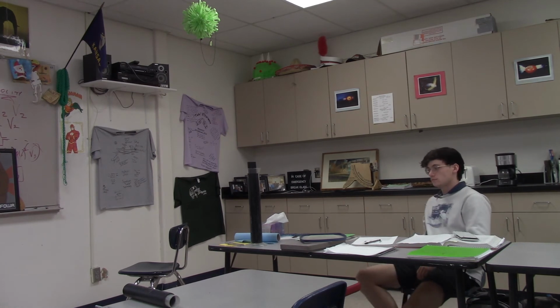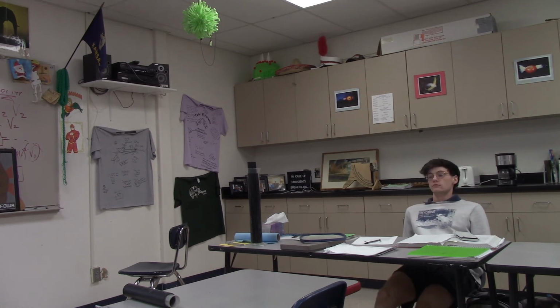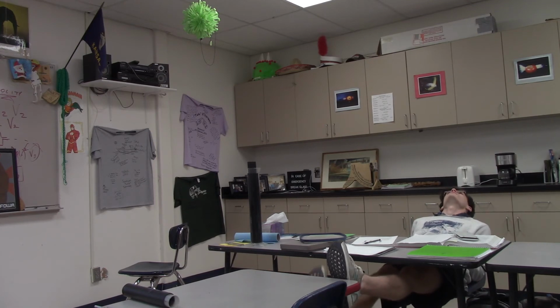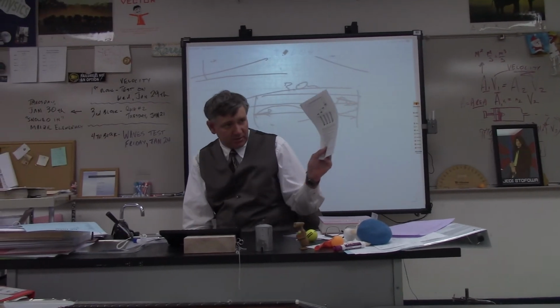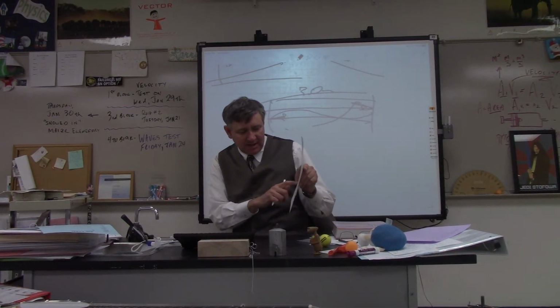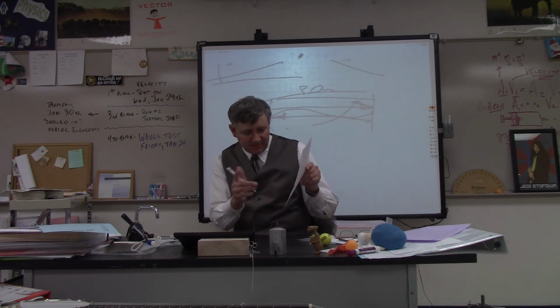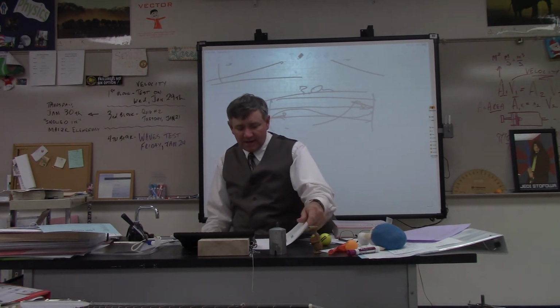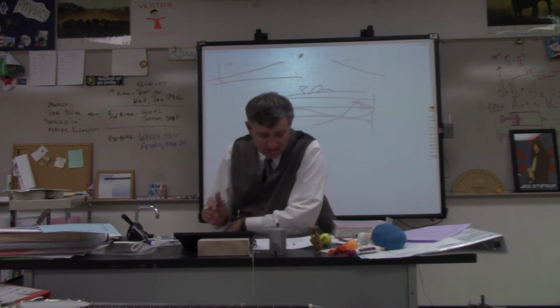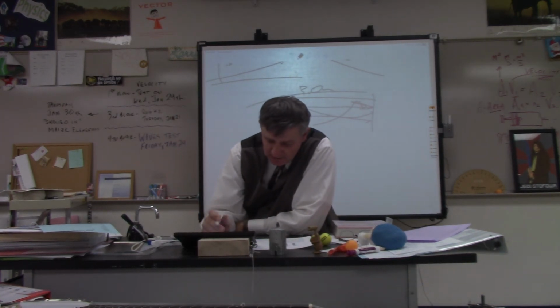Now, here's the deal. When you look on your lab, right now we need to figure out what we're going to use as the accepted value for the speed of sound. Down here, number 9 says determine the accepted value of the speed of sound from the following equation. Right now we are at 21 degrees Celsius, so we're going to make sure everybody's on the same page.